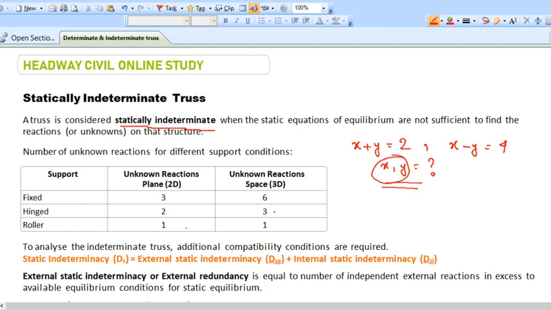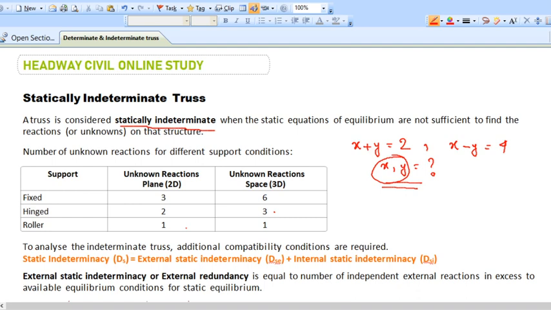Whereas in an indeterminate truss, the number of unknowns is greater than the number of available equations. That is why we cannot identify all the unknowns using the equations available. In 2D we already saw there are 3 available equations of equilibrium, and in 3D we have 6 available equations of equilibrium.